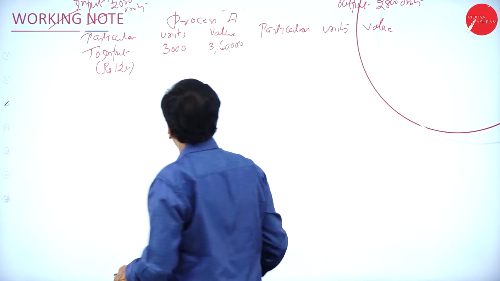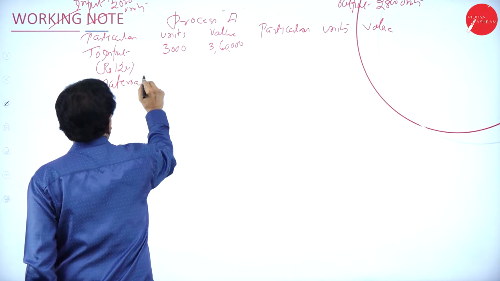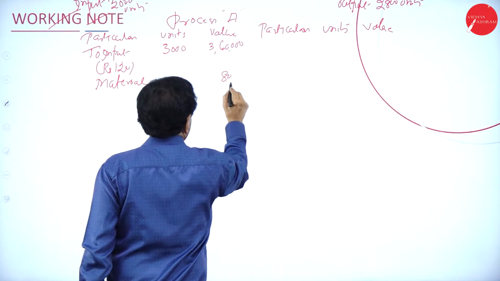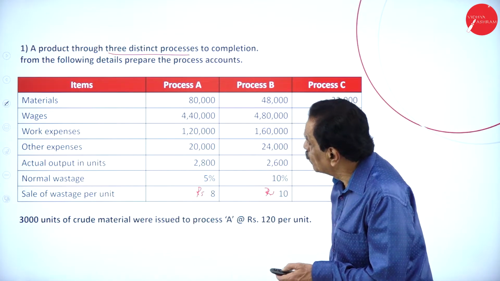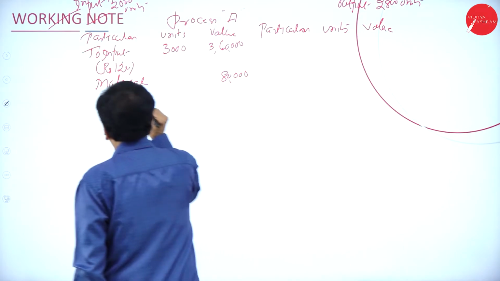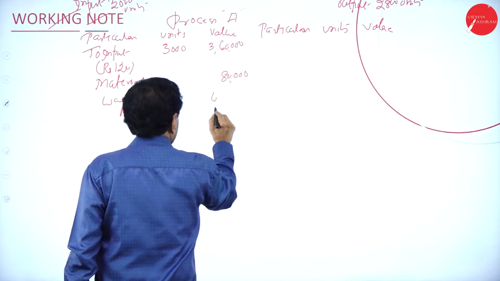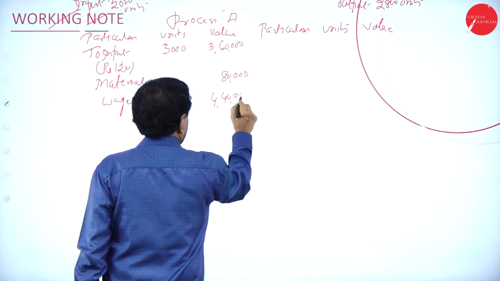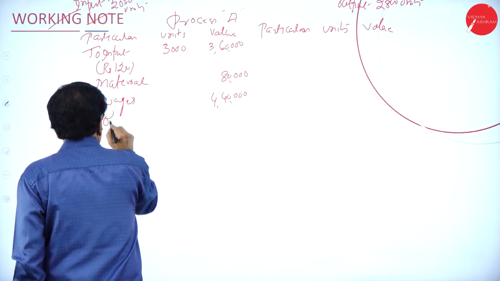To material, 80,000. To wages, 4,40,000 expenditure.